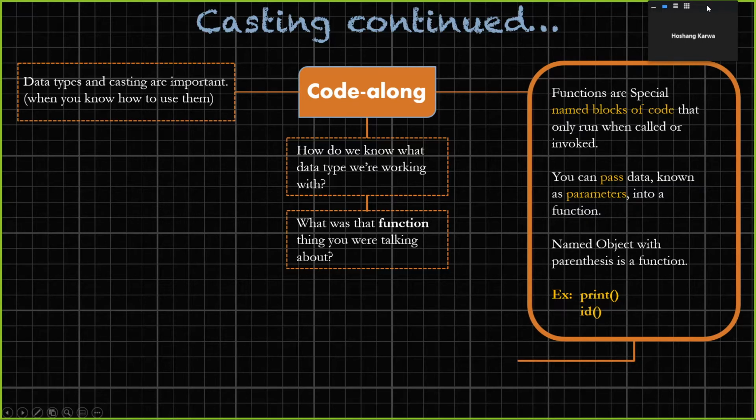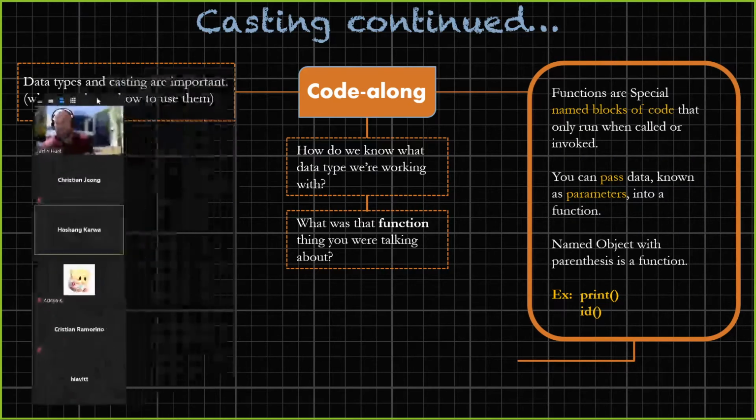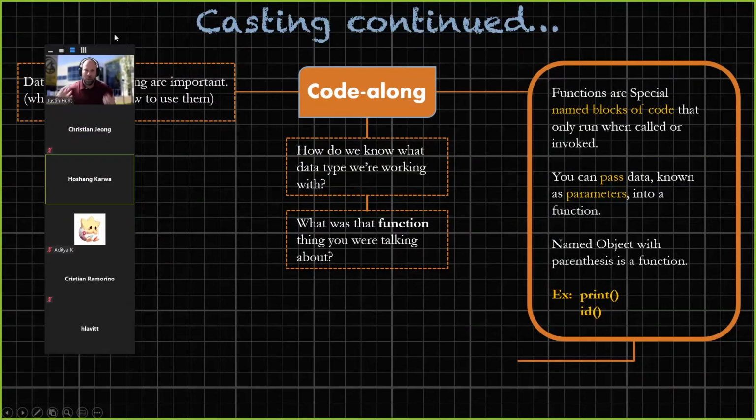Okay, so functions. Functions are very unique, but functions are important to every modern programming language. I don't want to get into details, but we're going to use them right now, so I feel compelled to explain it a little better. Functions are, as the text says, named blocks of code.